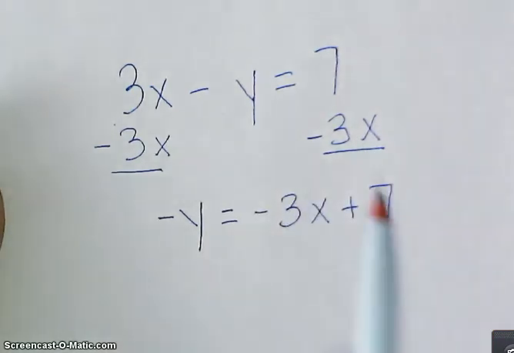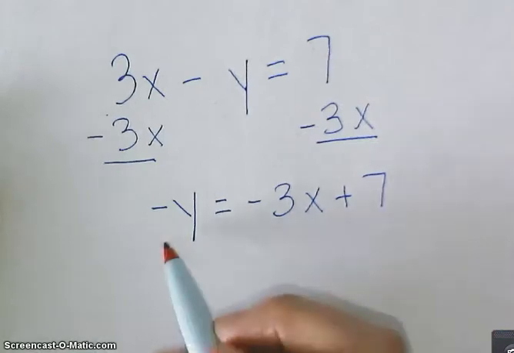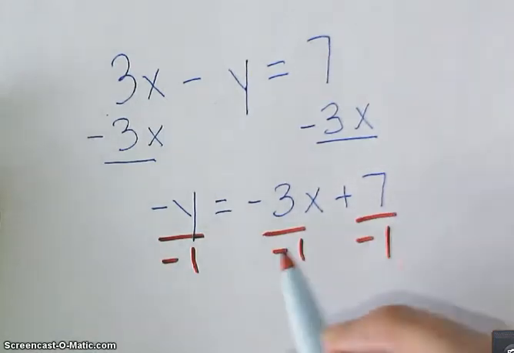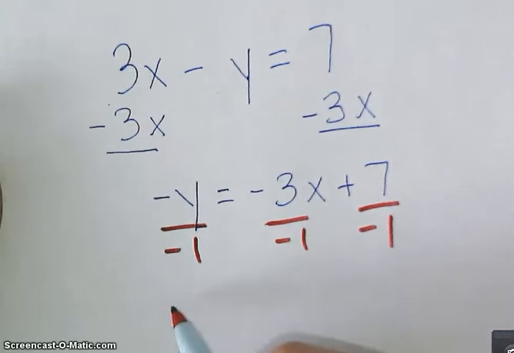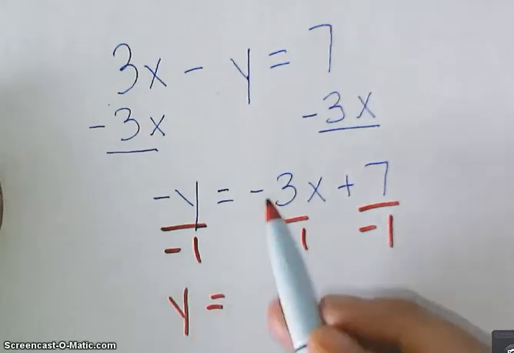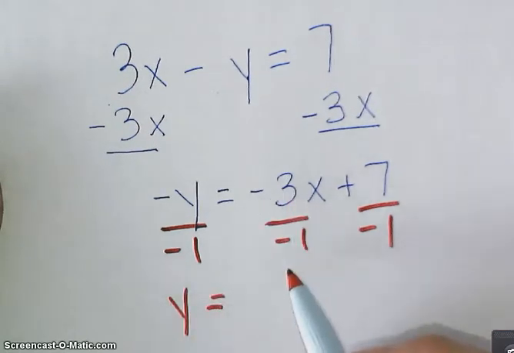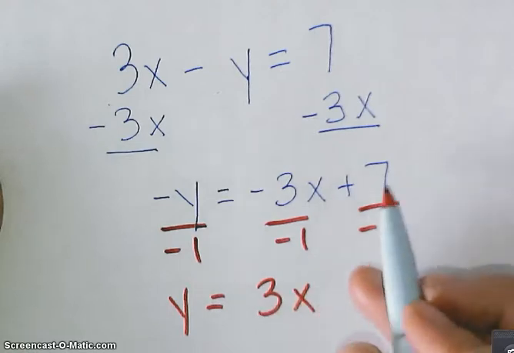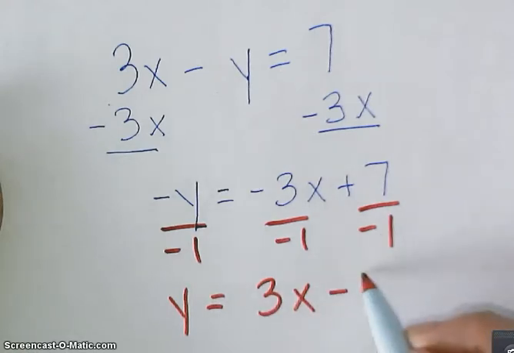I'm not done because I have to get this negative away, so I divide both sides by -1, all the terms, and I end up with y equals -3 and -1 gives me a positive 3x, positive 7 divided by -1 gives me a -7.